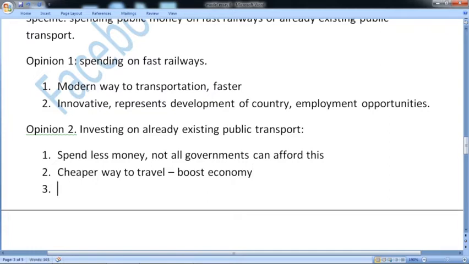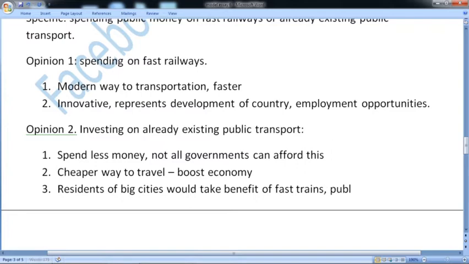Number three is a fast change. As in the question it is between cities, so only residents of big cities would take benefit of fast trains, but public is invest money on public transport.